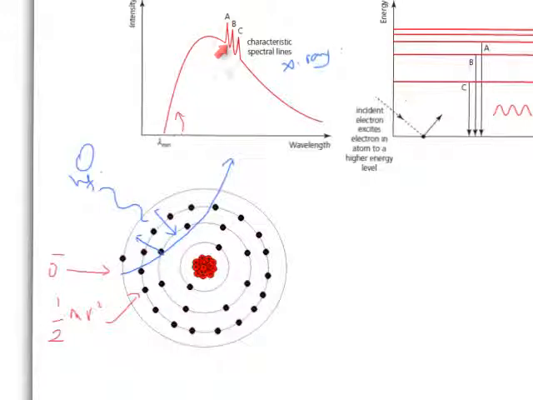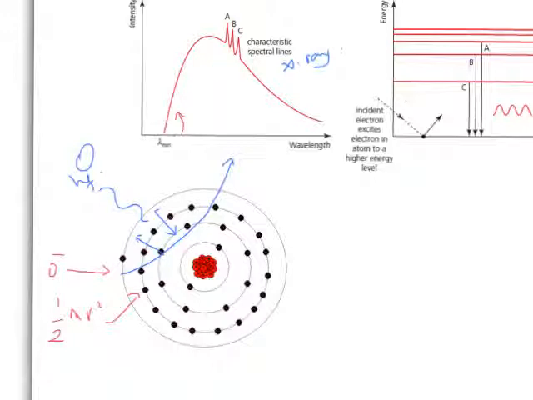However, it then excites the electrons inside the atom. They get excited, they jump up, and then when they come down, they give off some electromagnetic radiation as well. And these peaks correspond to those photons of energy.